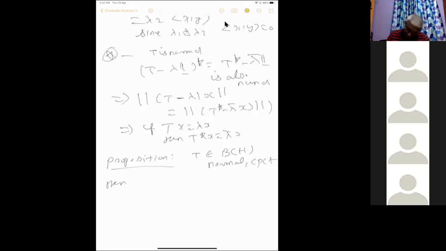Then there exists an eigenvector x in H, with eigenvalue lambda, with modulus of lambda equal to norm T. That's all. It need not be exactly norm T, but modulus of lambda is norm T.